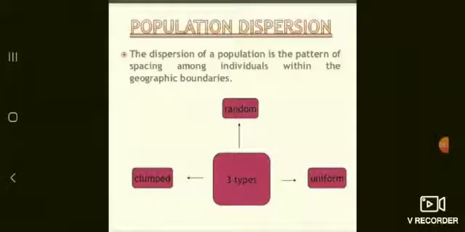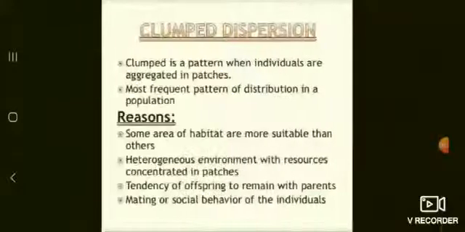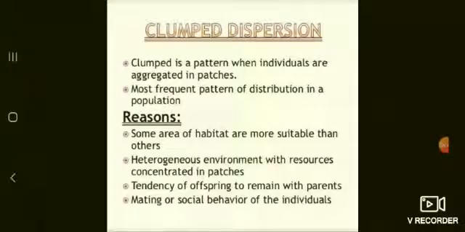Now the next is called population dispersion. Dispersion is the spatial pattern of individuals in a population relative to one another. There are three basic patterns that can occur. One is called clumped dispersion. This is the dispersion when individuals are aggregated in patches.